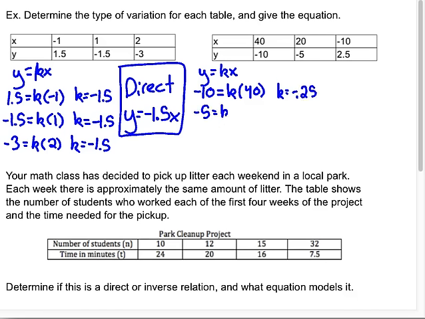Negative 5 equals k times 20. So negative 5 divided by 20 also gives me that. And 2.5 and negative 10.